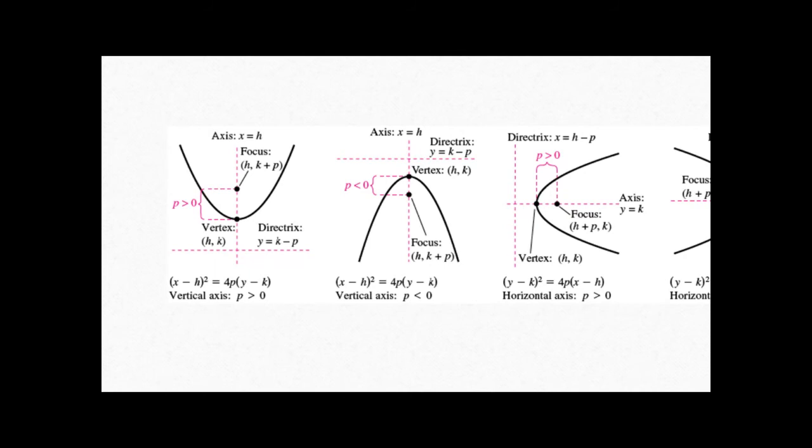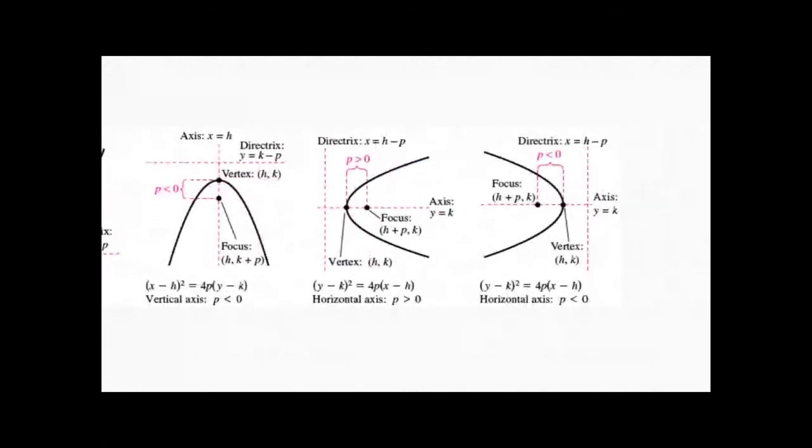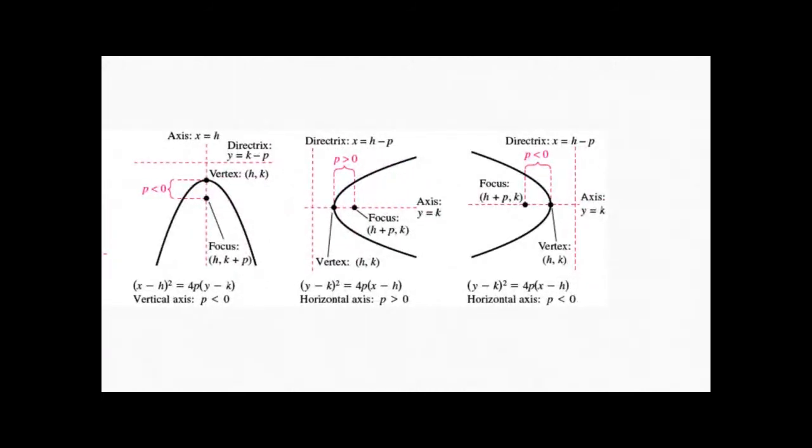The axis then goes through the vertex, and it's the axis of symmetry. In a vertical parabola, it's going to be x equals h, because it reflects across a vertical axis. When we move to horizontal parabolas, our axis of symmetry is now y equals k, because we're reflecting up or down across a horizontal axis.